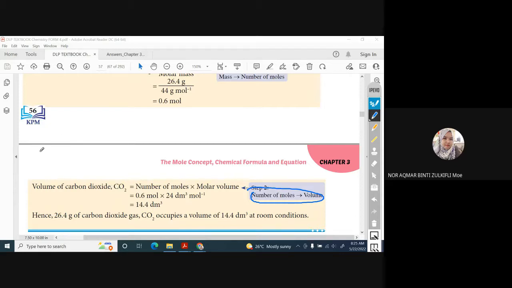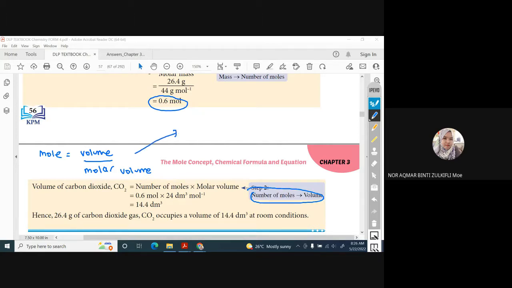Mole equal to volume over molar volume. Since we already found the number of mole, it is 0.6.